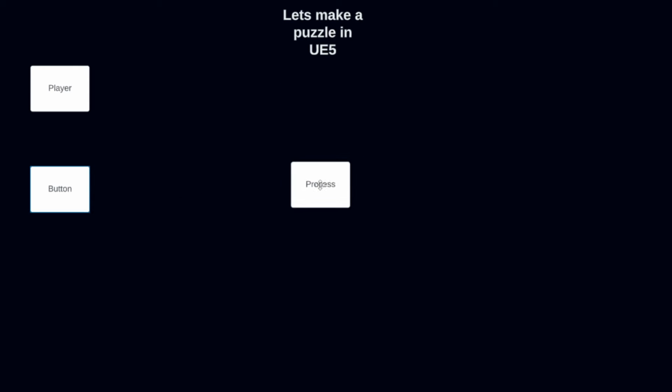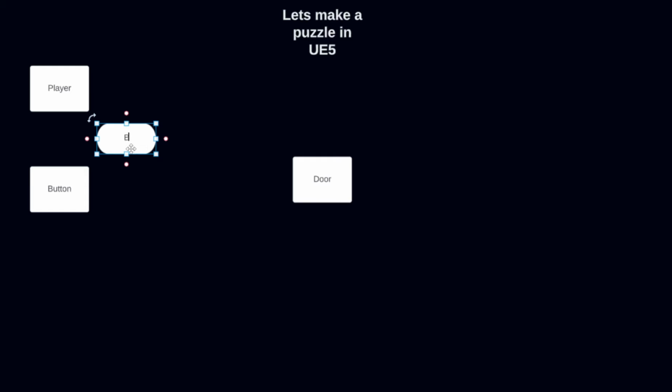So first what we're going to do, have our player here, and then we'll have our button, and then we'll have our door. Now to make it a little more interesting here, I'm going to be adding a fourth character here.